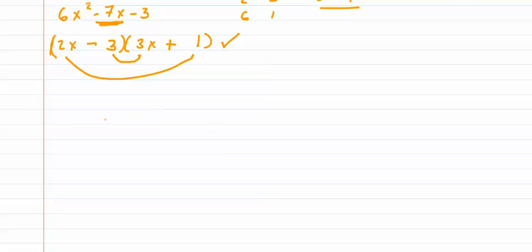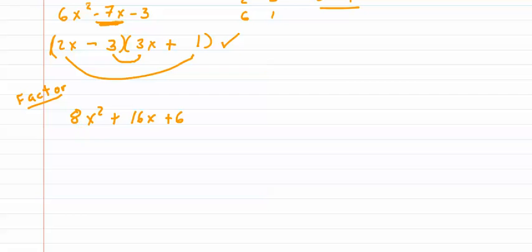All right. The next one, 8x squared plus 16x plus 6. I didn't say it in the last example, but we always need to look for the greatest common factor.